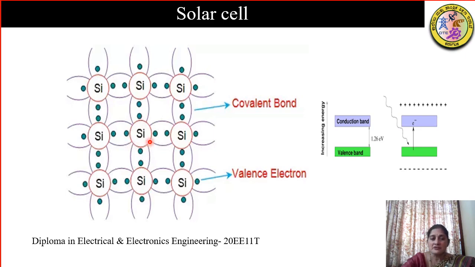So if I think about this silicon atom, 1, 2, 3 and 4 are its valence electrons, and it shares electrons with 1, 2, 3, 4. So by sharing electrons, it completes its 8 electrons and has a very stable configuration.